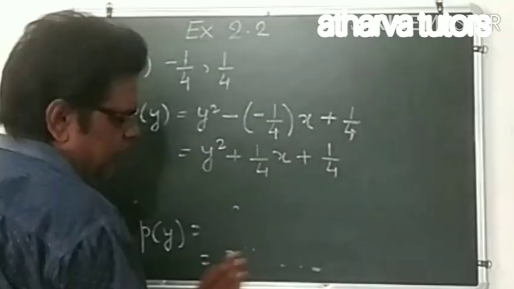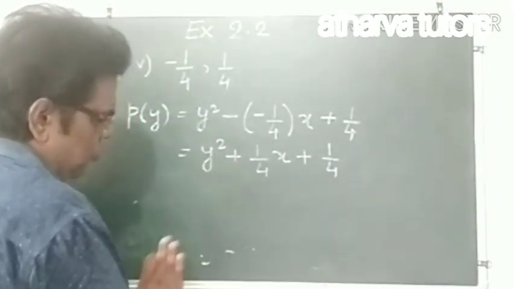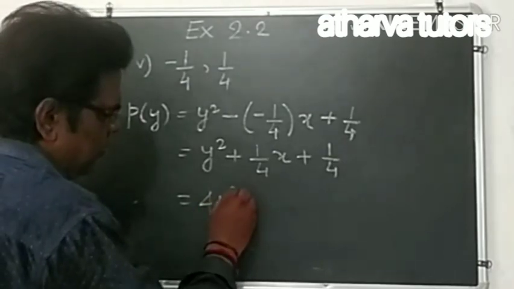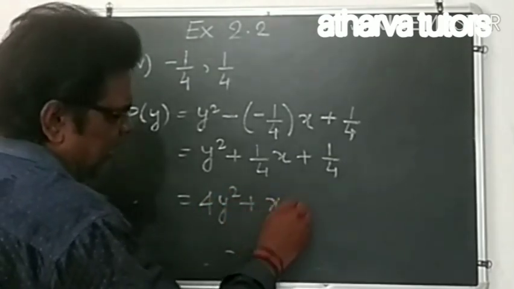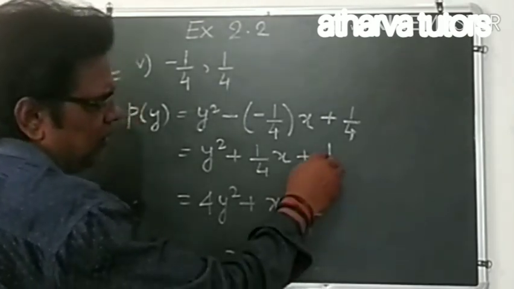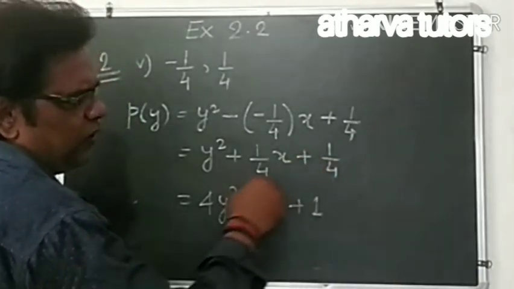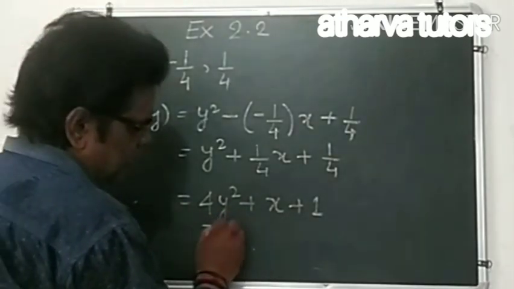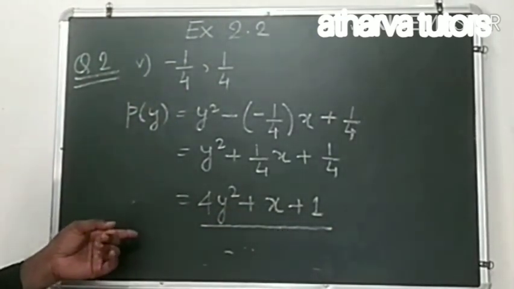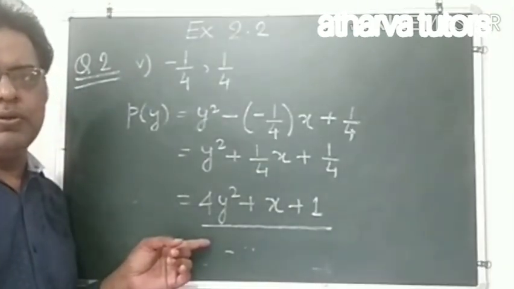So we get 4y square plus y plus 1, as the 4s get cancelled out. So this is the required quadratic polynomial.